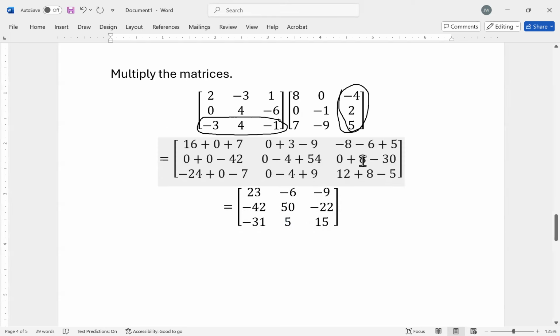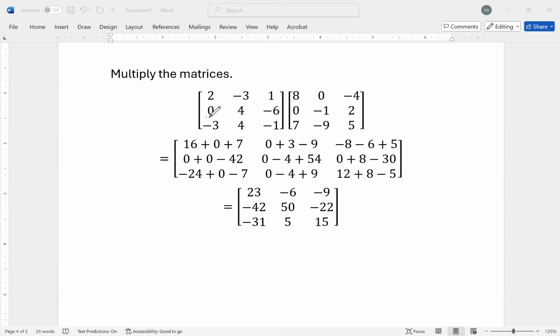And this is how I go about doing all of that. And like we showed, each entry is a row of the first matrix times some column of the second matrix.